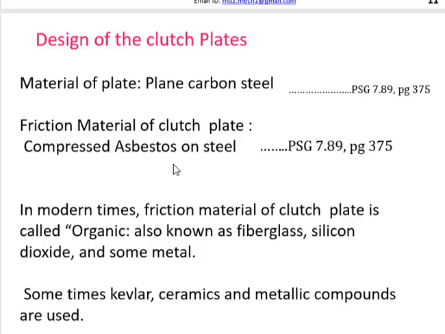It is generally made of fiberglass, silicon dioxide and some other materials. When you need a coefficient of friction much more than is available from organic, we select Kevlar or ceramic materials, which have many metallic compounds. So this is an alternative to compressed asbestos.